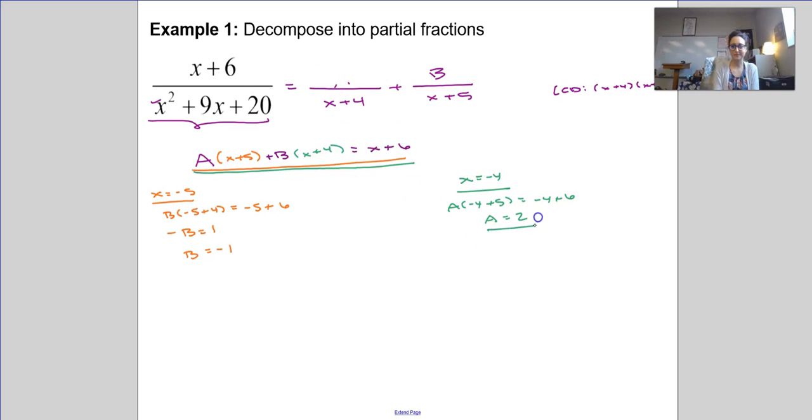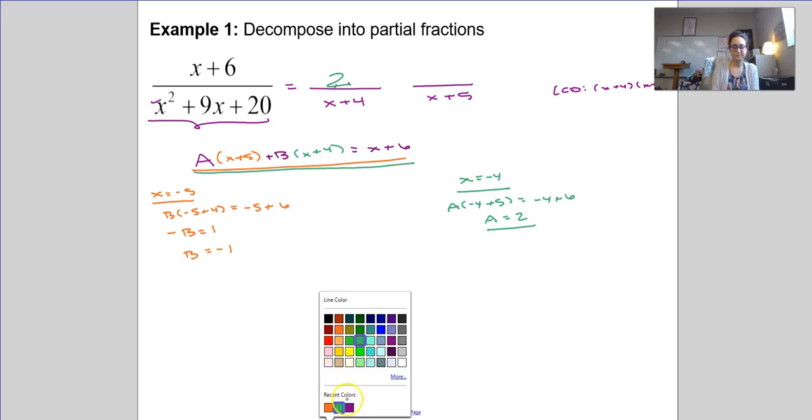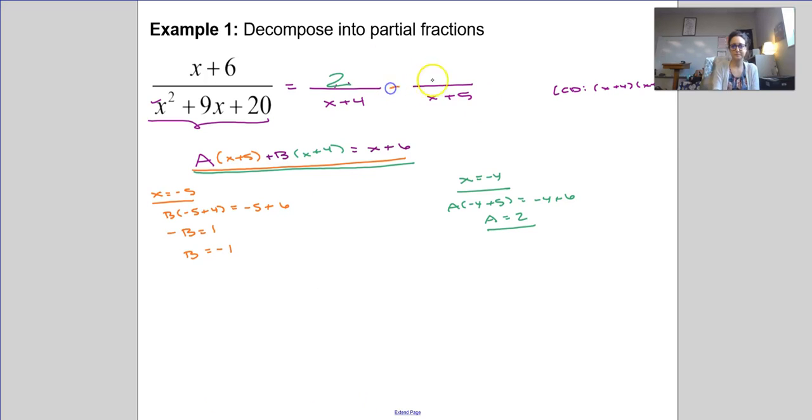I'm sorry, with +2. And then I'm going to replace b with -1. So I'm just going to make this a -1 right here. Okay, and when I add these two fractions together, they should equal what I started with here.